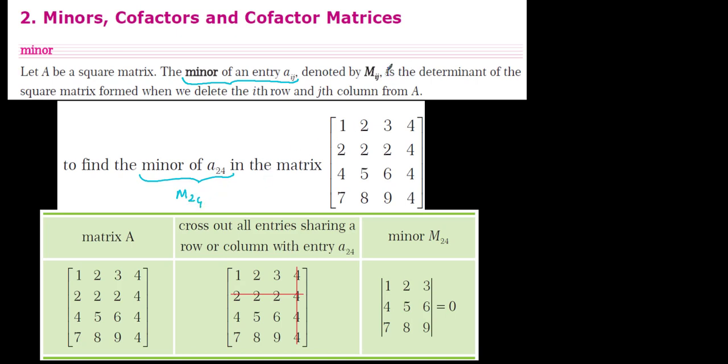And the second part is, Mij, the minor of Aij, is the determinant of the square matrix formed when we delete the ith row and jth column.